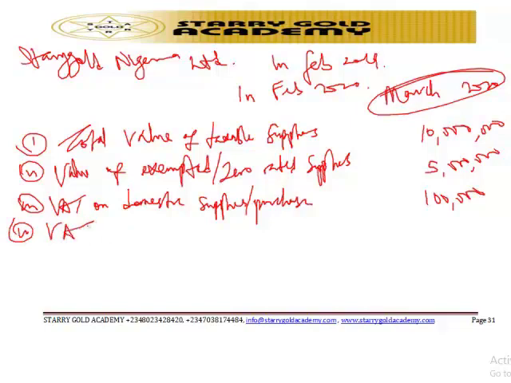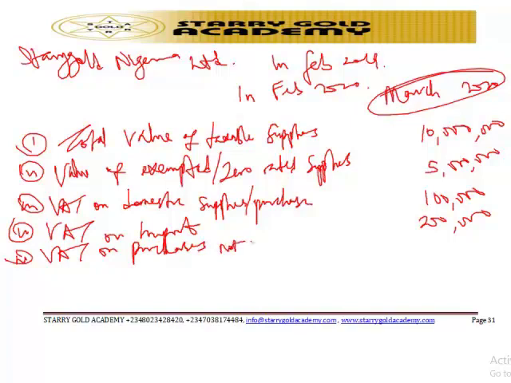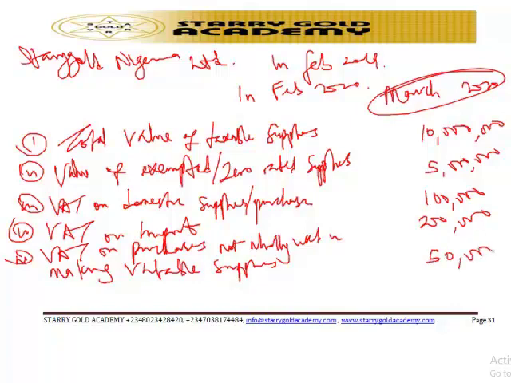We have VAT on imports, 200,000 naira. Then we have VAT on purchases not wholly used in making vatable supplies, which is 50,000 naira.